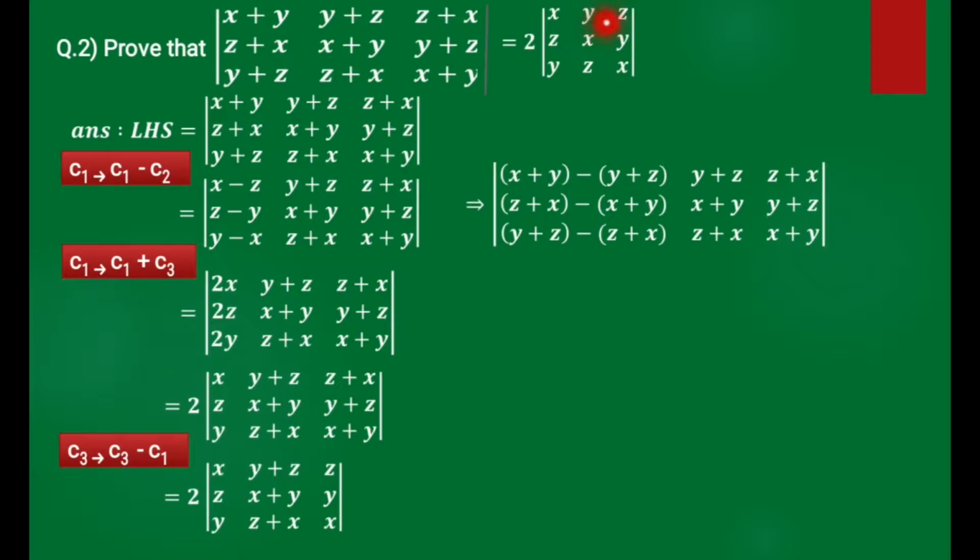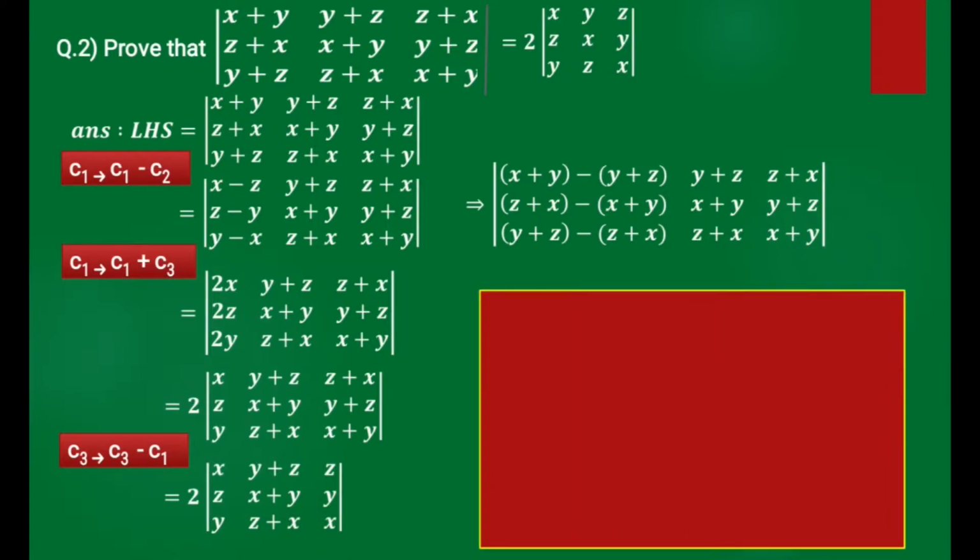Now we get here elements of first column as x z y, elements of third column as z y x. We require elements of second column as y x z. So for that we subtract here elements of column third from column second, and we have to write these changes in column second. So we write operation as C2 changes to C2 minus C3. So here y plus z minus z, so z gets cancelled, we get y.